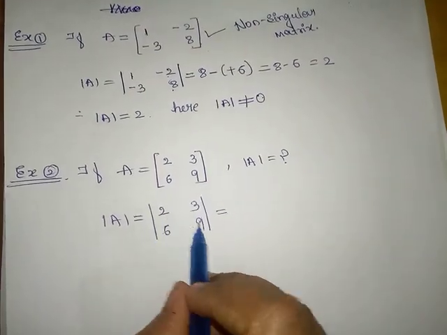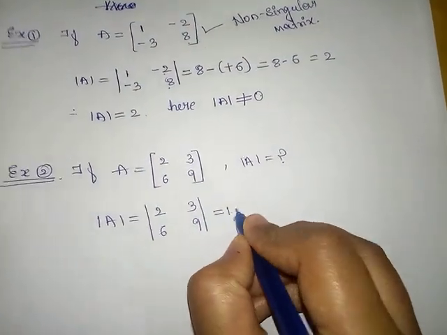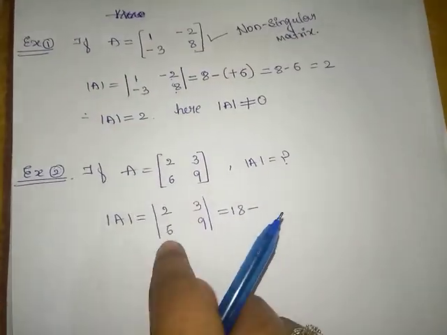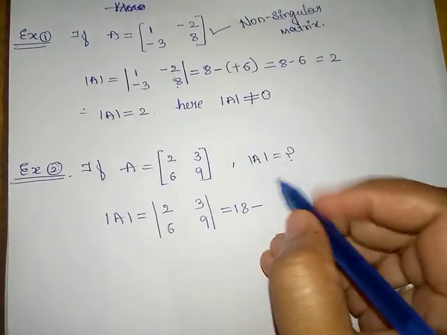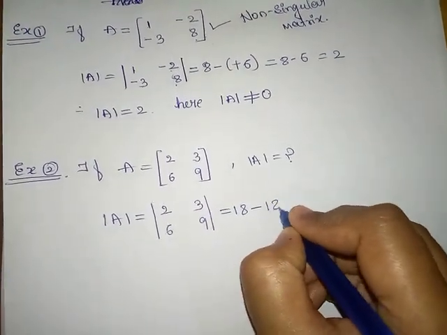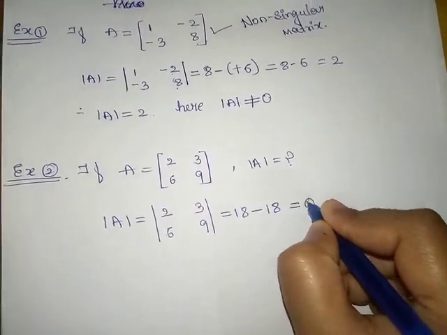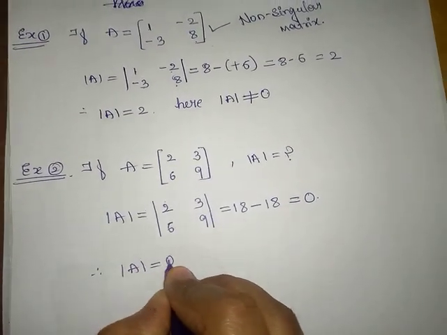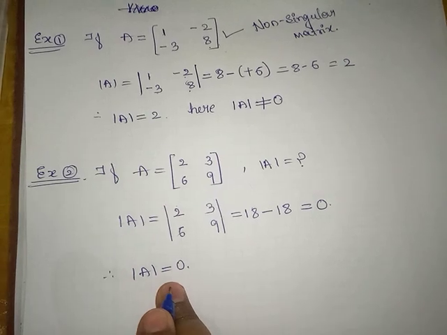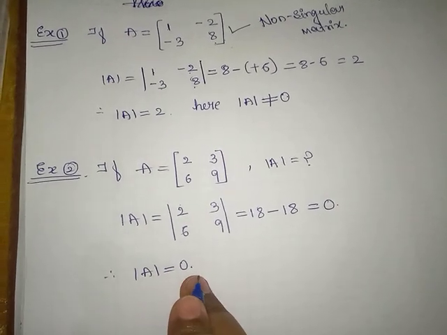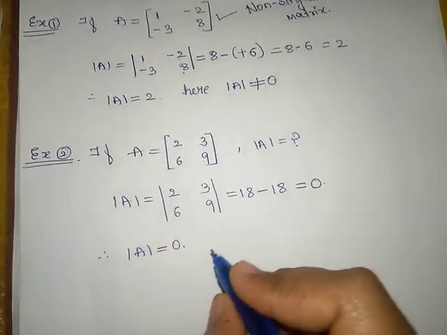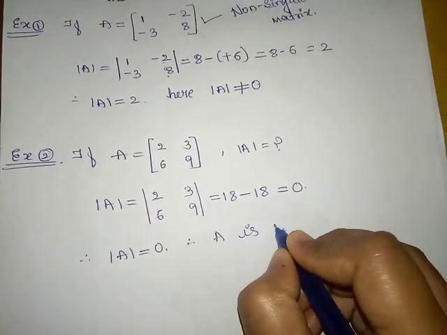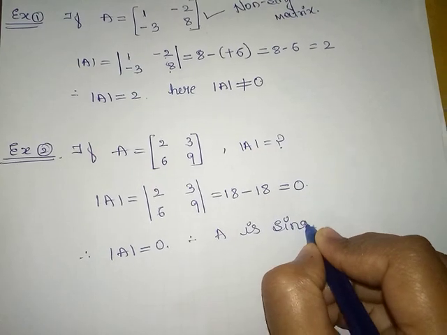First we have to multiply these two elements. 2 nines are 18, minus, next multiply these two elements. It will be 3 sixes are 18, which is equal to 0. Therefore determinant of A is equal to 0. When the determinant of the given matrix is 0, it is what? Singular matrix. Therefore A is a singular matrix.